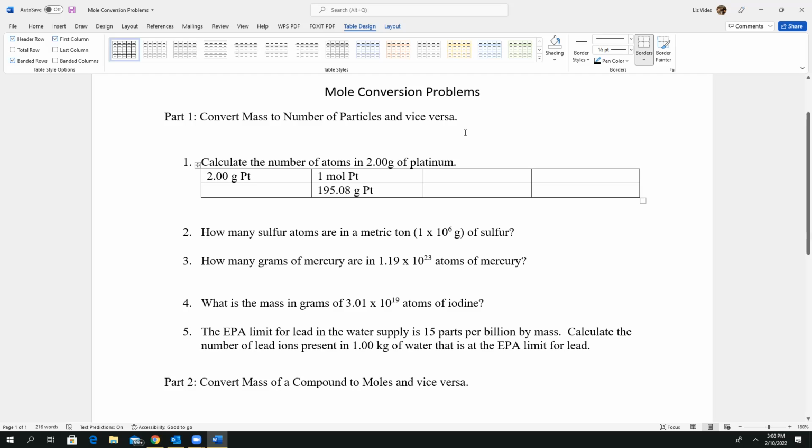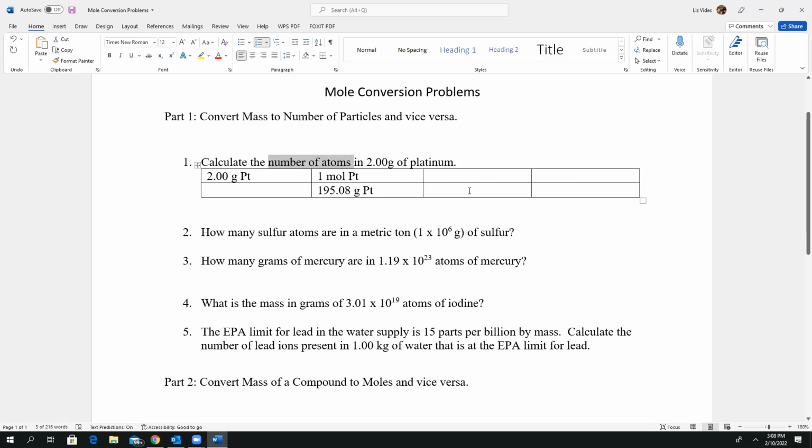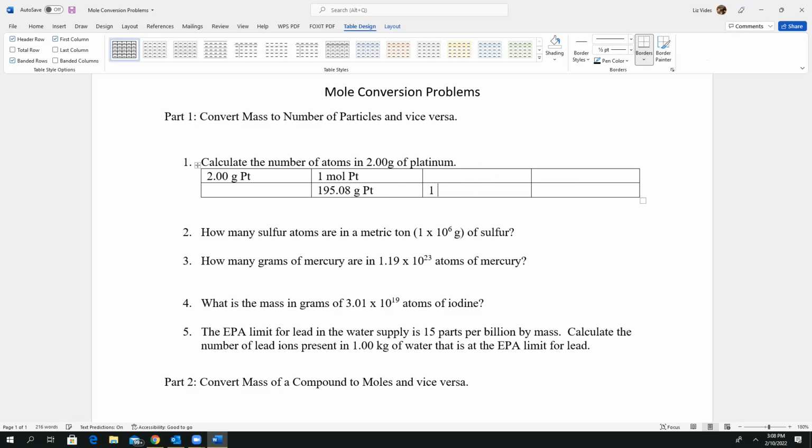Okay, so basically this is it. You don't need the rest of it, but I always insert this much. So what you would do is you would multiply, oh wait, no, because it says number of atoms, sorry. I did not see this part. Okay, so next, in 1 mole, you know Avogadro's number, right? Of platinum, there are 6.02 times 10 to the 23rd molecules or atoms, let's just say, because in this case it's atoms.